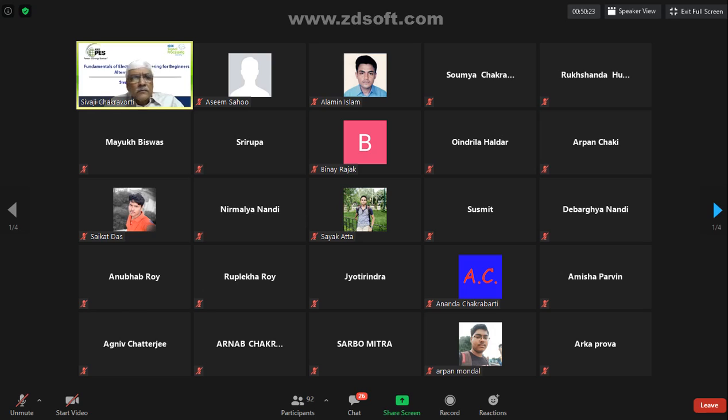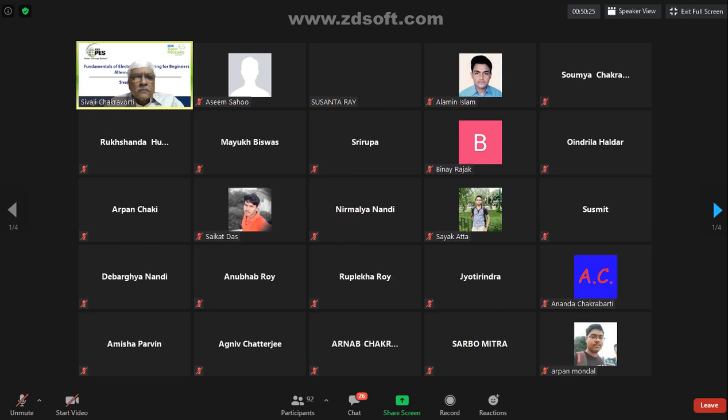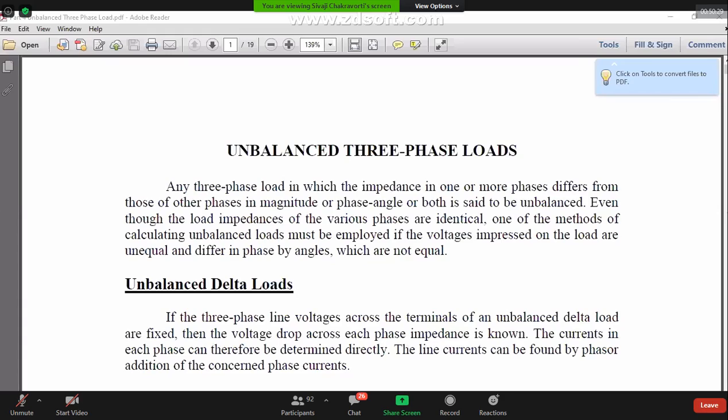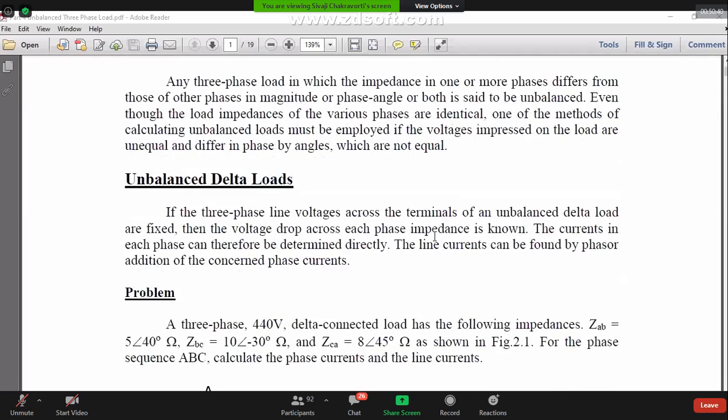So they are all different motors. All the motors are not of the same capacity. Therefore, although the source side is balanced, the load side in our power system is hardly balanced. That means we have to solve problems where the source is balanced and the load is unbalanced.